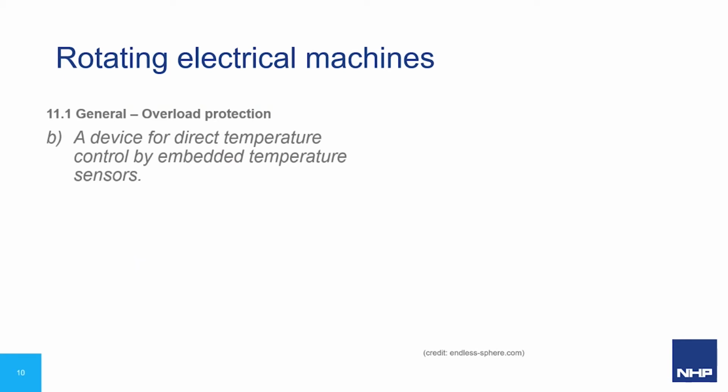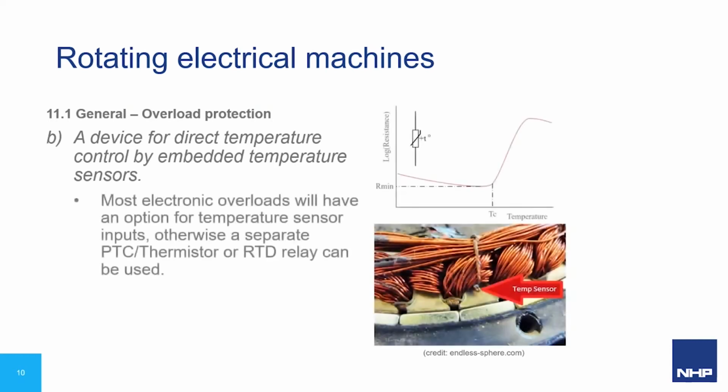Okay, now alternative to that, Part B states that the device shall be a device for direct temperature control by embedded temperature sensors. So this is effectively stating that the overload protection can also be provided by a device, by direct temperature control, by embedded temperature sensors or PTCs and thermistors.